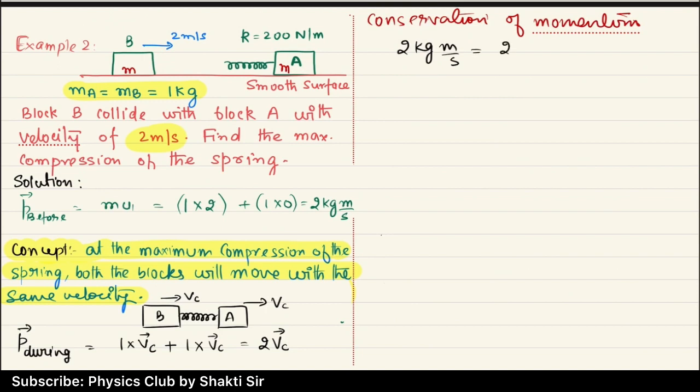So 2 cancel, because 2 is for mass. You will get 1 meter per second is equal to Vc. This is the common velocity with which both the blocks are moving during the collision.